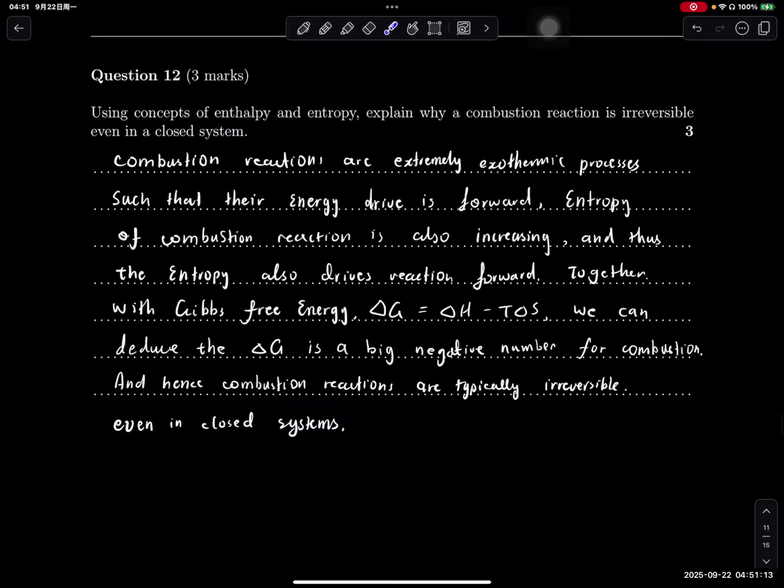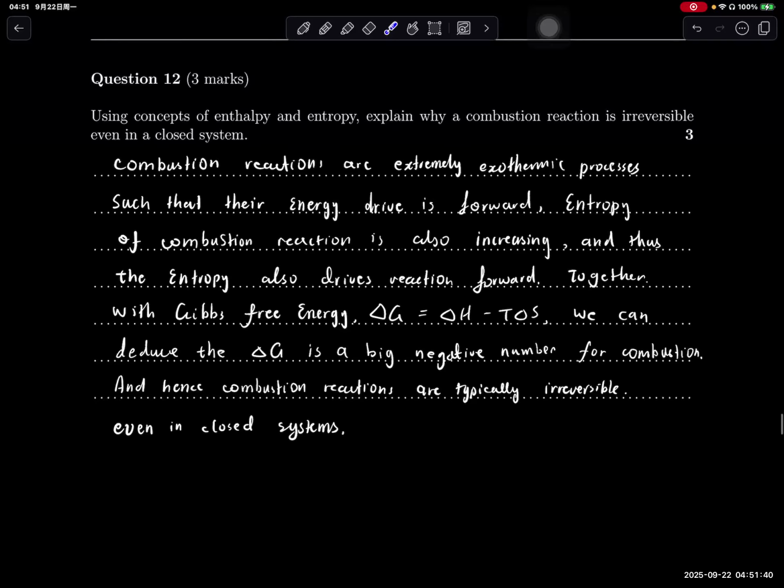Question 12. Using concepts of enthalpy and entropy, explain why a combustion reaction is irreversible even in closed systems. Well, for this question you have to talk about the Gibbs free energy and basically the two drives of reaction. Combustion reactions, first of all, are extremely exothermic, meaning that delta H is very, very negative. They also produce a lot of entropy, because they produce a lot of particles, increasing the ways energy is distributed.